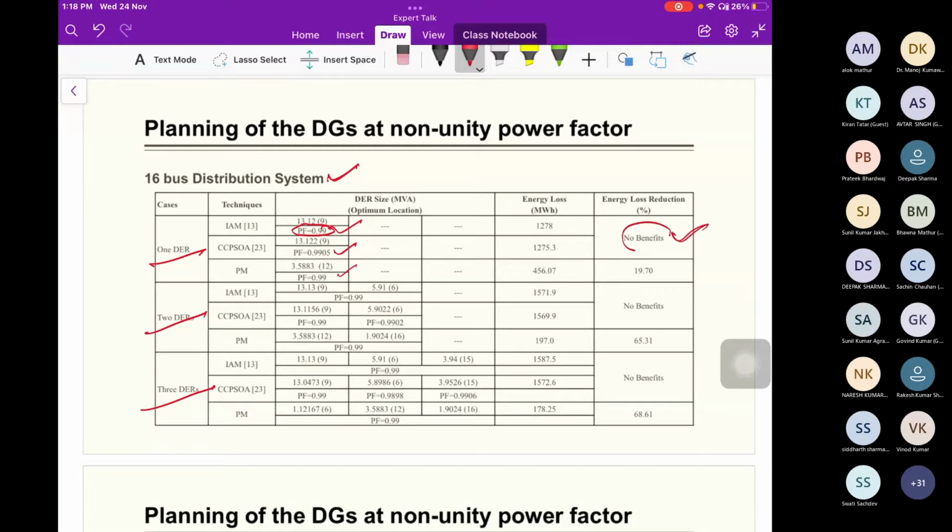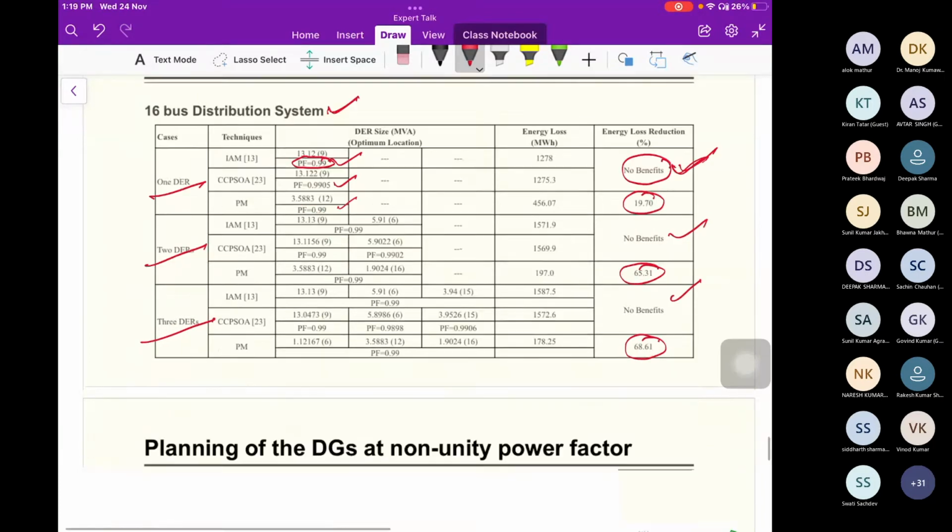In this condition we installed the DG, but it increases the problem in the system. But our algorithm is reducing the losses by 19.70, and our strategy gives the best solutions, but other algorithms do not give the benefit in the realistic nature.